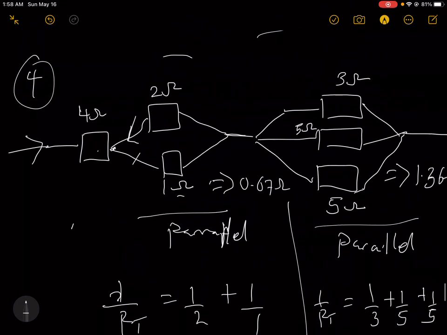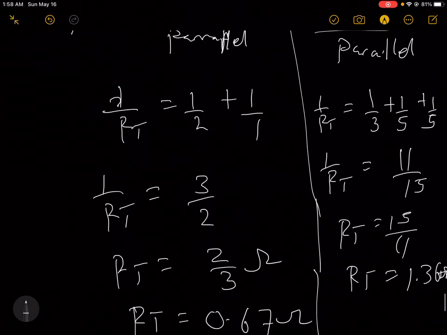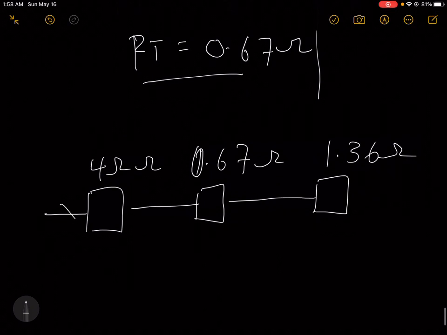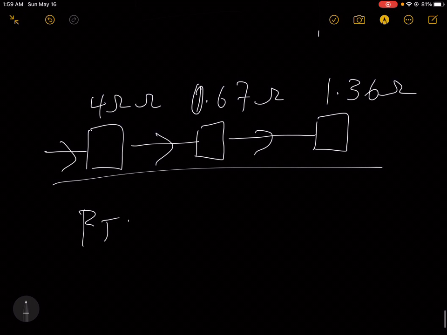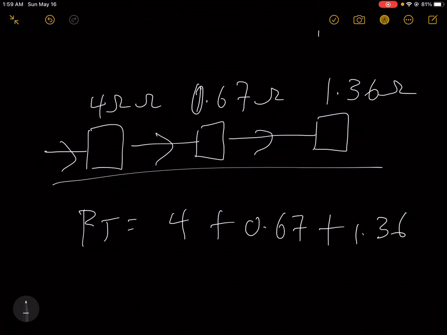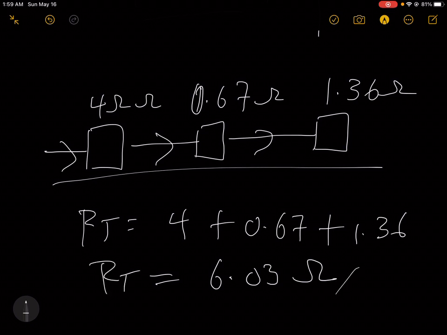So this current passes through, we resolve these to get this, we resolve these to get this. So now it looks like this. Now it's in series, which means our output will be 4 plus 0.67 plus 1.36. So that's 6.03 ohms. It's as simple as this.